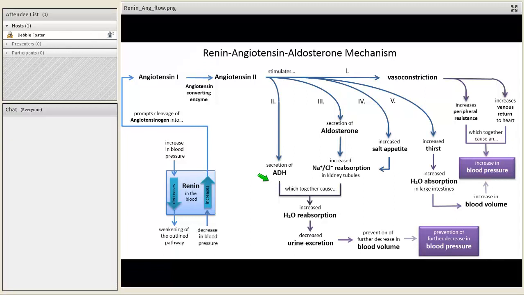releases renin, like I said, which is an enzyme, and the enzyme goes into the blood and it cleaves, or helps break up, angiotensinogen to angiotensin 1. So this happens here. You get a couple of these peptides removed and it becomes a little bit more active.